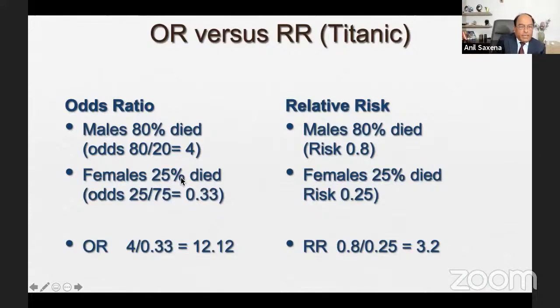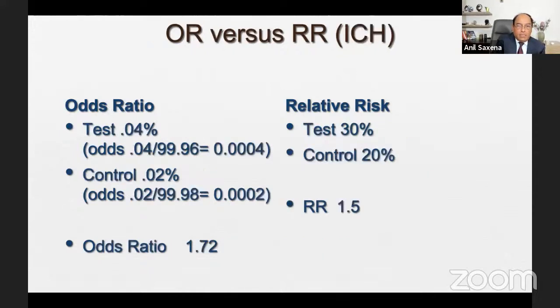So fewer females died, but the odds for the males were 4, because it was 80 against 20. For the females, it was 0.33. So the odds ratio was 12. And if you take the relative risk, it is much, much different. So as the percentage of any incidence or any particular outcome increases, you have to use relative risk. Otherwise, it doesn't matter.